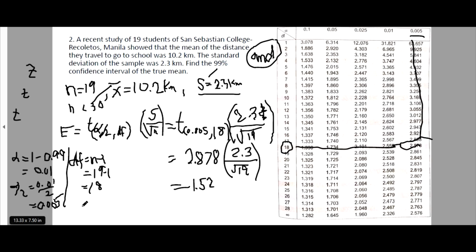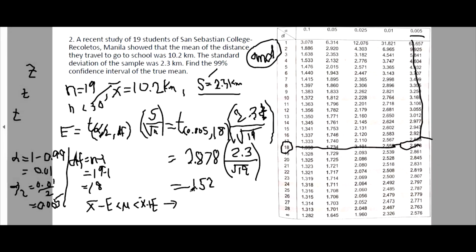Okay, so therefore, again, we will use this: x bar minus E, less than the population mean, less than x bar plus E. So this implies that, what is our x bar?